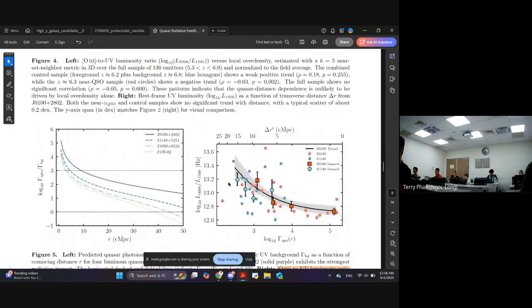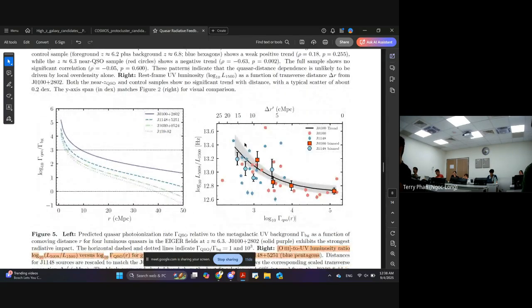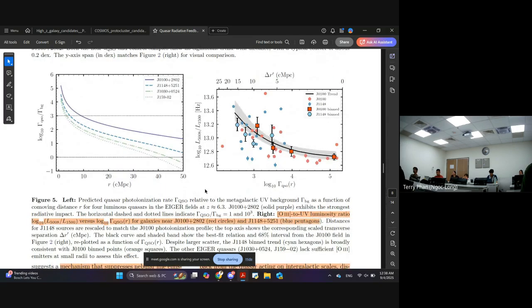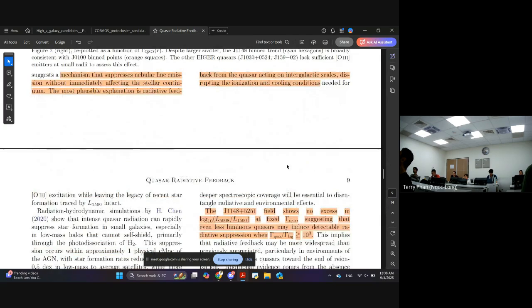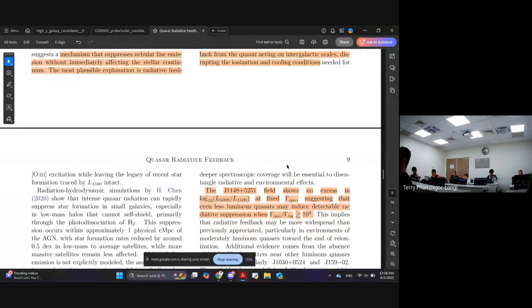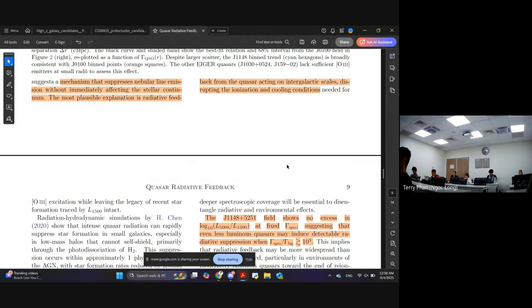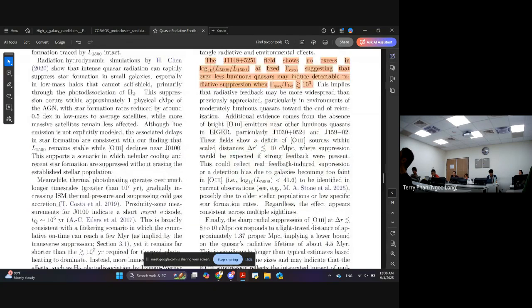It's only affecting O3 luminosity, as we see the O3 ratio decreasing the closer we get to the quasar. And this can be due to, like I said at the beginning, some sort of radiative feedback from the quasar acting on the gas, disrupting the ionization or cooling conditions in these star forming regions.